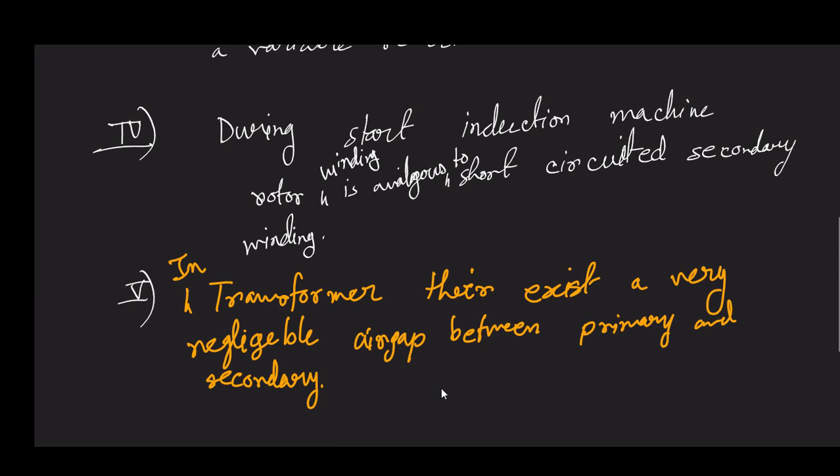But whatever be the amount of gap, that is very small, and if we apply our common sense, we can understand that in case of induction motor, when we are having a movable part, that is the rotor, we cannot place rotor and stator so close to each other like we place the primary and secondary winding of the transformer.